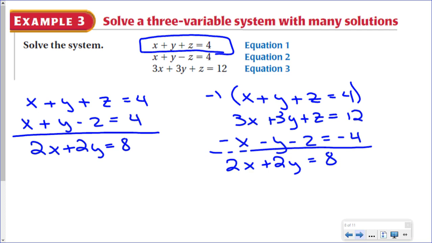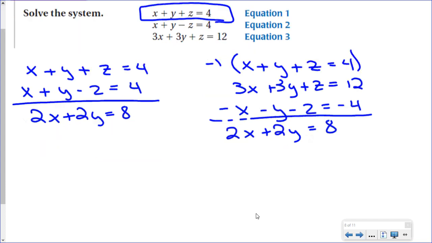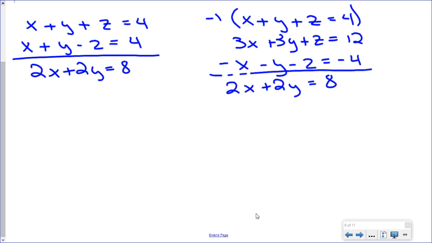Okay, so now you're probably noticing the left equation and the right one, what's left over, that they're exactly the same. Now, that is an example of many solutions, but just so I can show you what that looks like to finish it off, I'll do that. You technically could shut it down and just say many solutions from here, but so go 2x plus 2y equals 8.